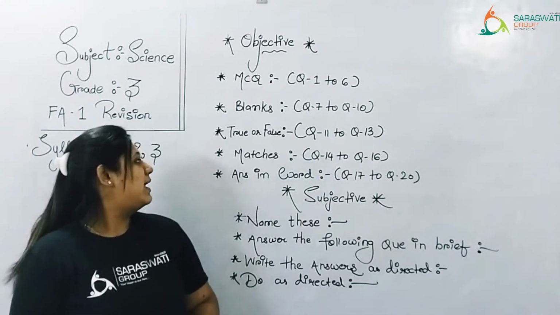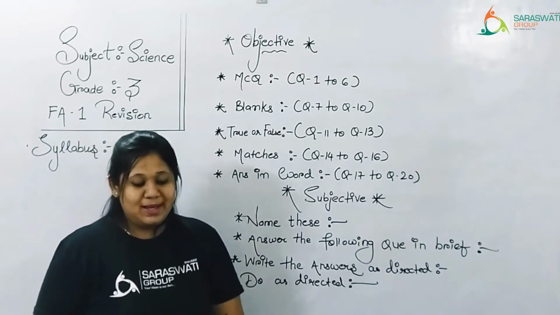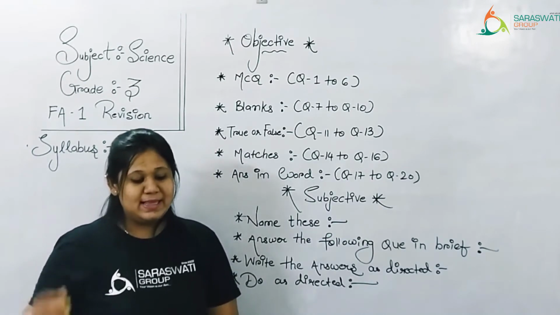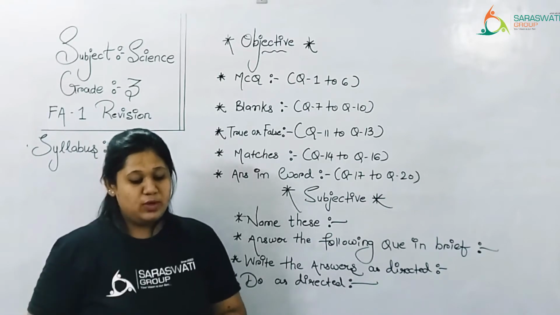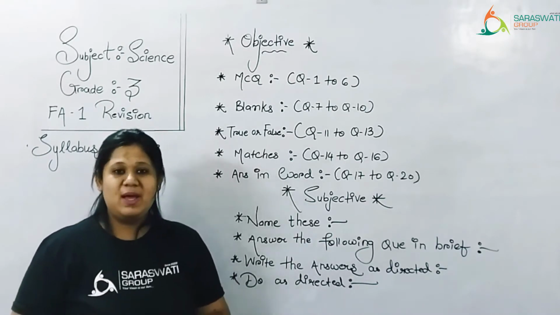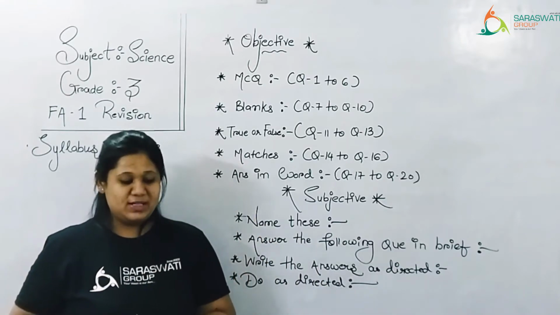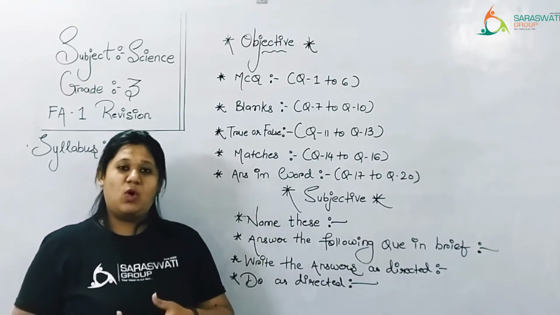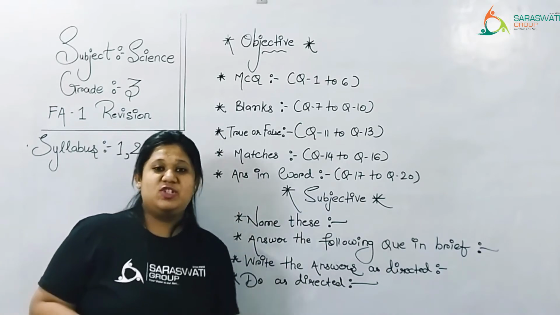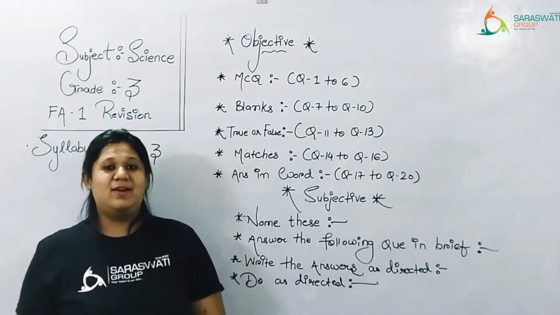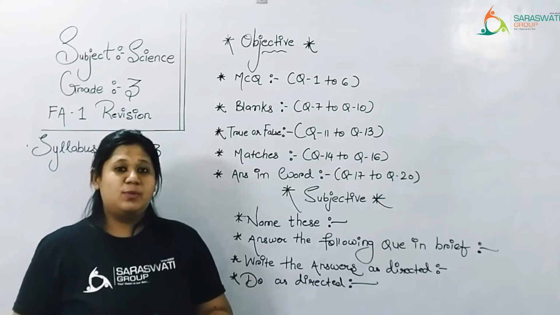Done? Now, next one. Match the following columns and select the correct option which makes the appropriate pairs. There is column A and column B also, right? In column A, the questions are there, in column B, the answers are there. We need to select the appropriate option.